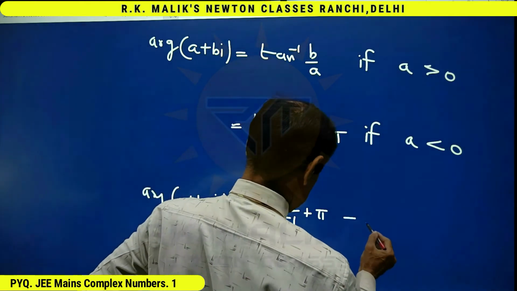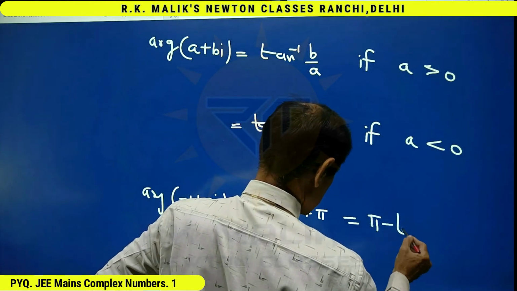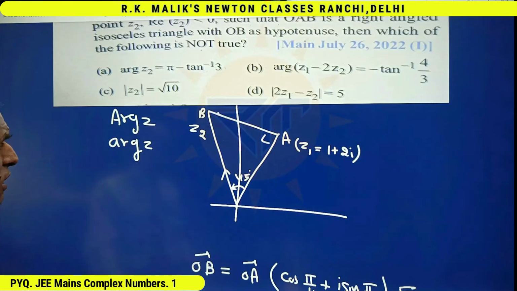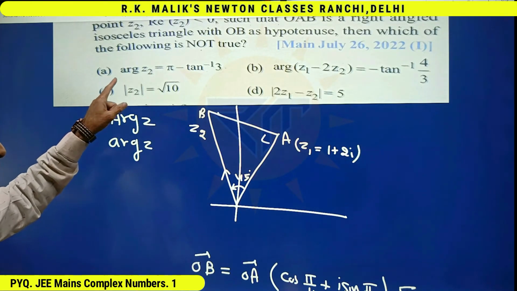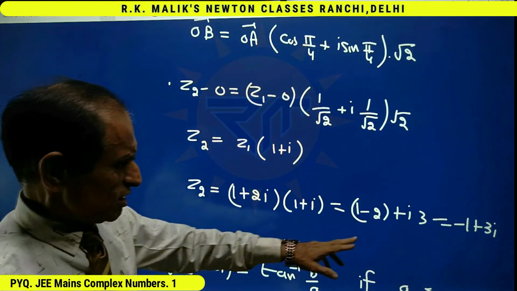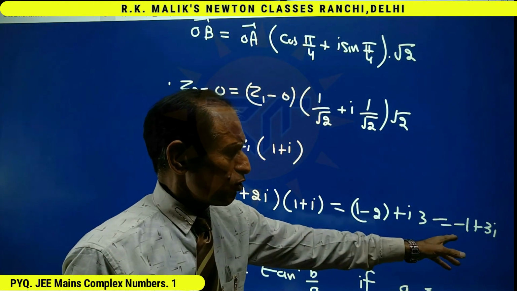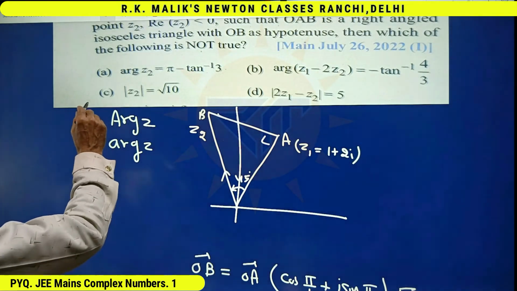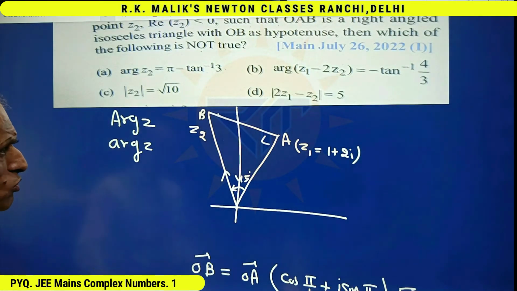That is, I get pi minus tan inverse 3. Hence, the information in choice A is correct. The information of choice C can be checked very easily. It is clear that the modulus of this complex number is root 10. Hence, I can say the information of choice C is also correct.